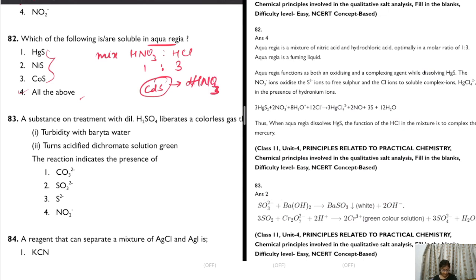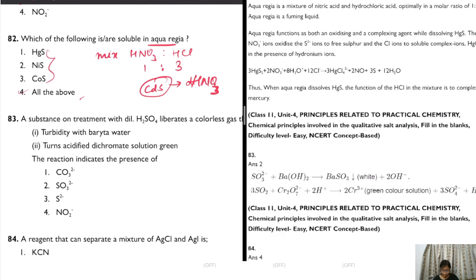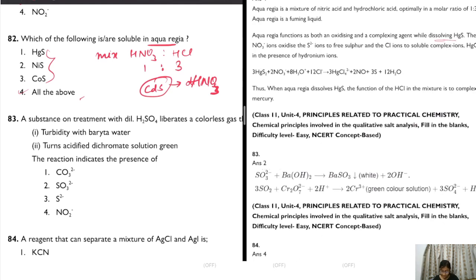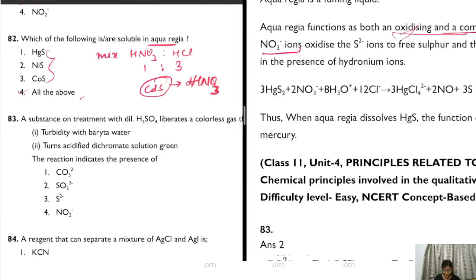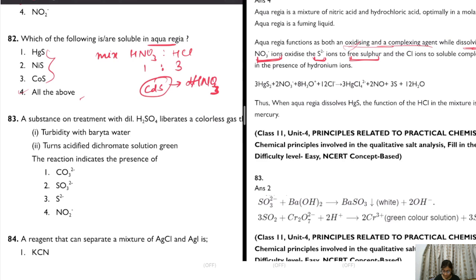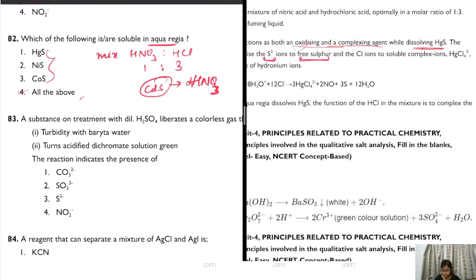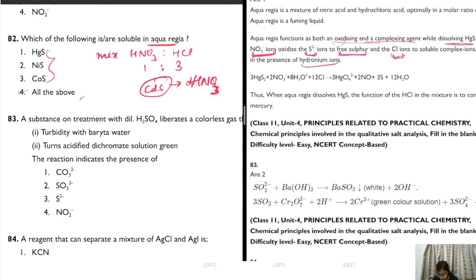But let's assume one example and see what happens. While dissolving HgS, it acts both as an oxidizing and a complexing reagent. The NO3 negative ion in aqua regia will oxidize S2 negative ions and give free sulfur, whereas the chloride ions are used to form the soluble compound HgCl4, in the presence of hydronium ions.